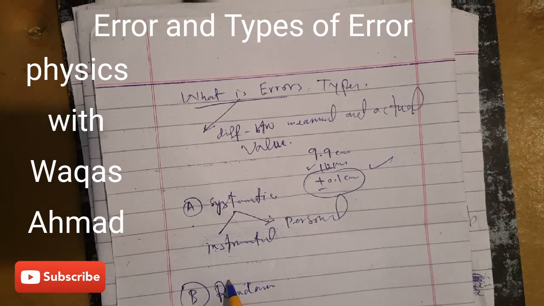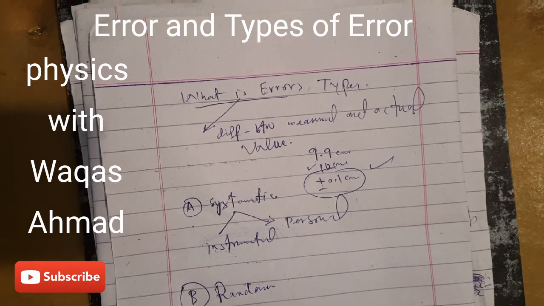Now error may also be random error. What is random error? It is basically that type of error which occurs irregularly. Means, for example, a particular person repeated the same experiment so many times and he gets different results of the same experiment. So this is called random error.